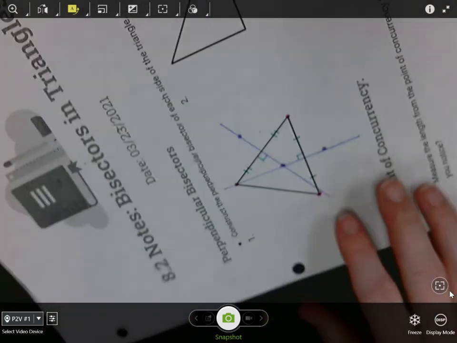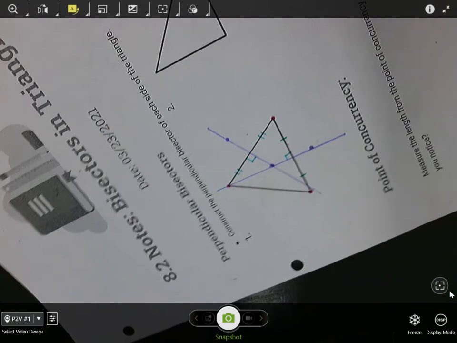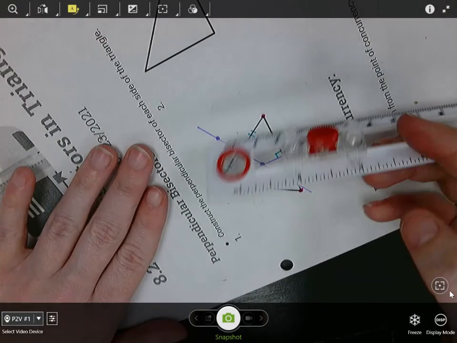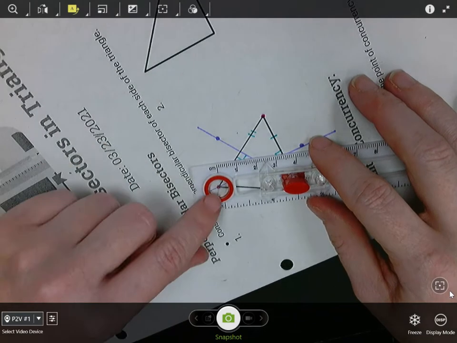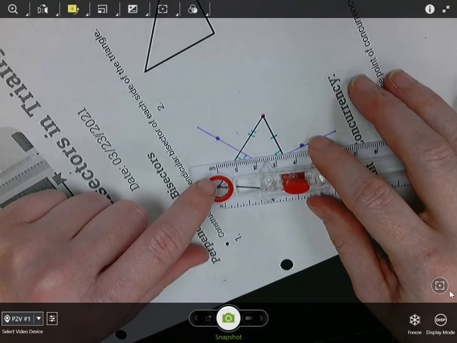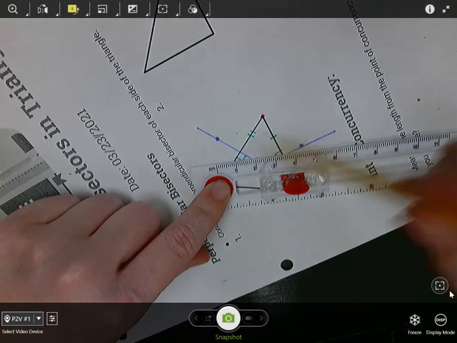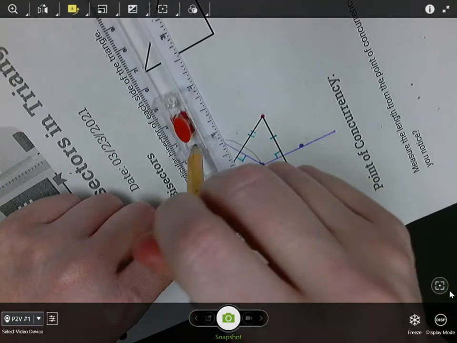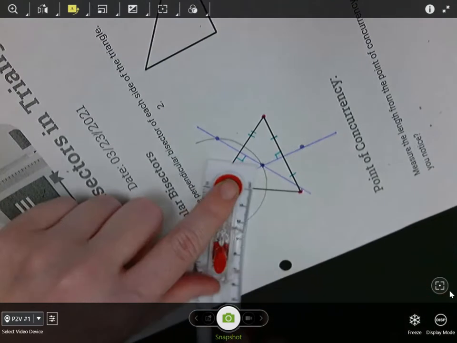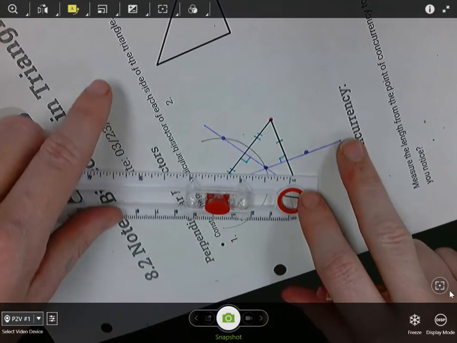All right, now let's do the third side. All right, so we're doing the same thing again. Put your dot on the corner of the triangle, on the vertex, and put your finger down. Put your pencil in the hole closest to your finger and draw an arc. Then turn it over.